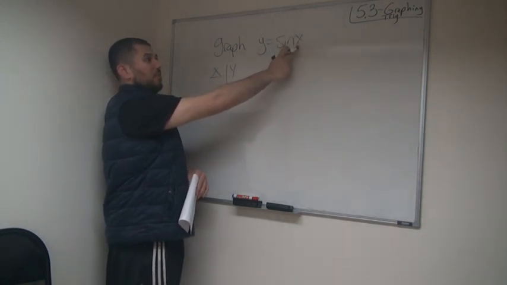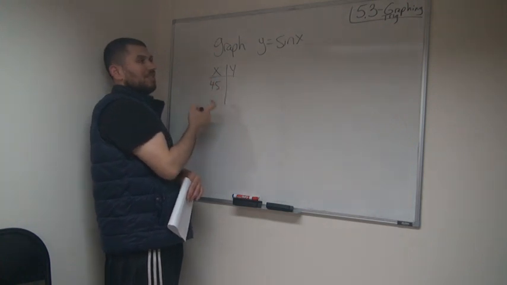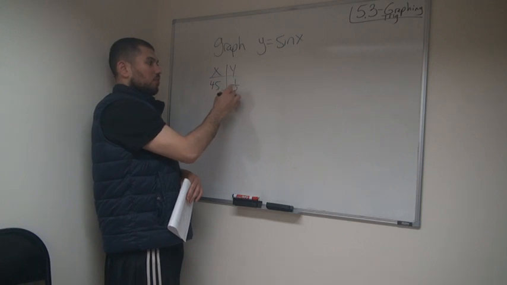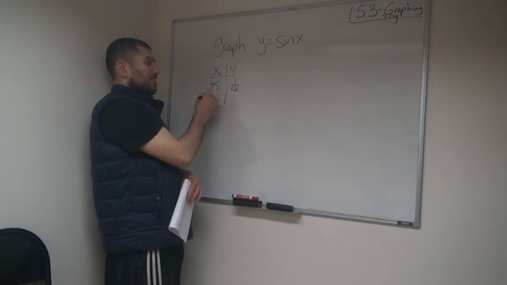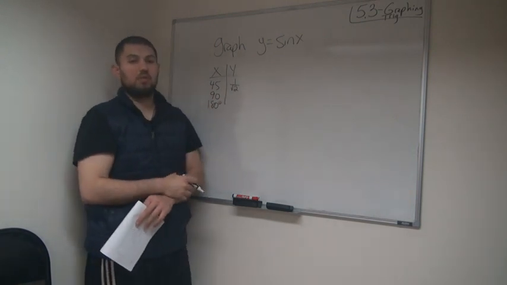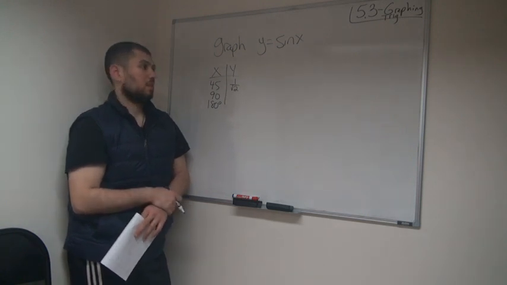If I have an input value that's, let's say, 45 degrees, what's the sine of 45 degrees? Opposite over hypotenuse is 1 over root 2. What about the sine of 90 degrees? What about the sine of 180 degrees or 270? And so on and so forth. And we can plot points and connect the dots.